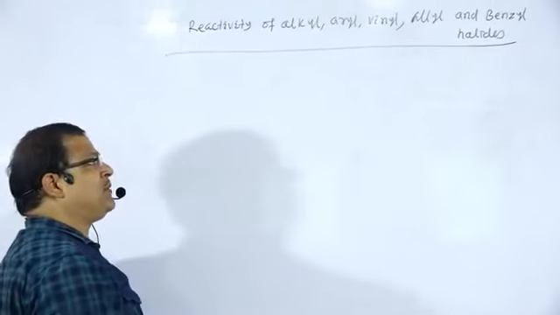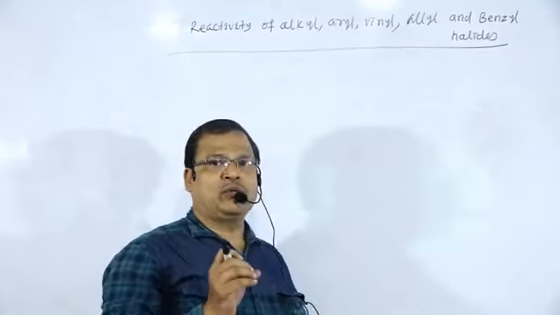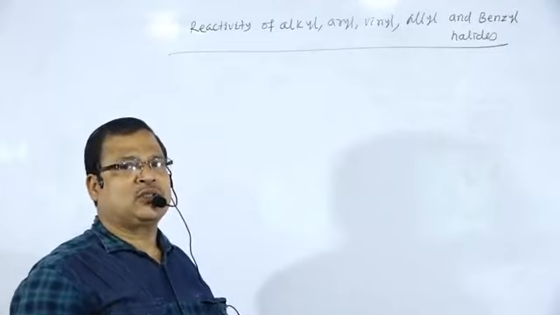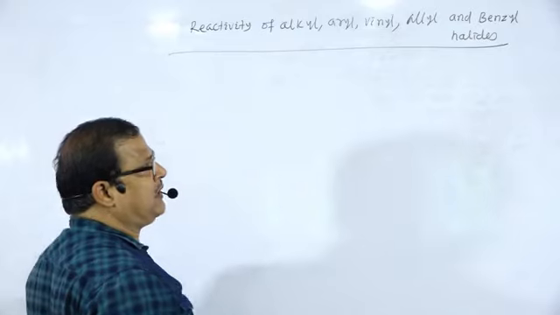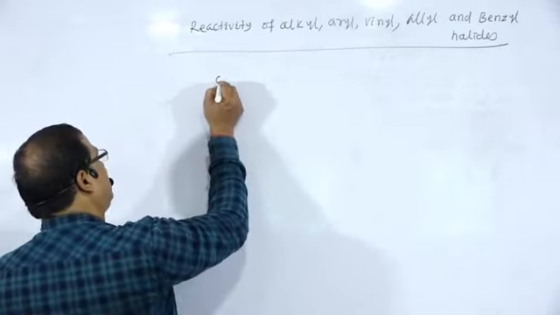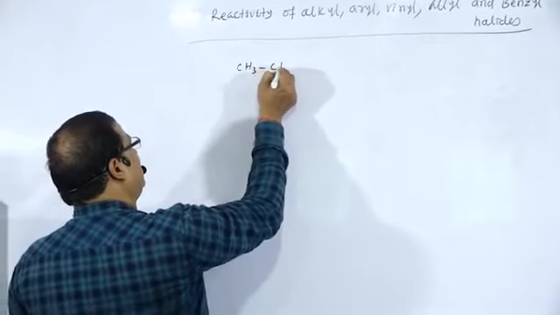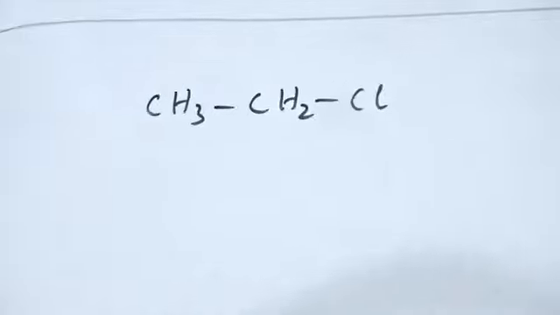We will go one by one, but before going to that we have to write down the formula for these compounds, maintain the resonating structures for these compounds, and then explain the reactivity. Alkyl halide, for example, CH3CH2Cl, that is alkyl halide.